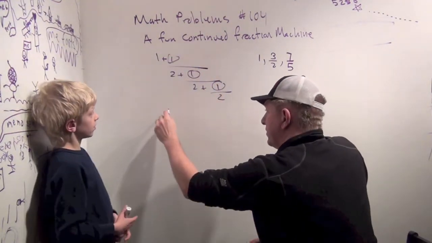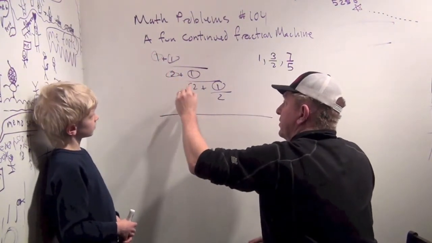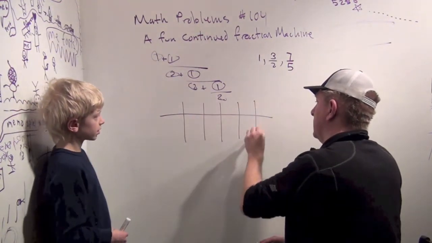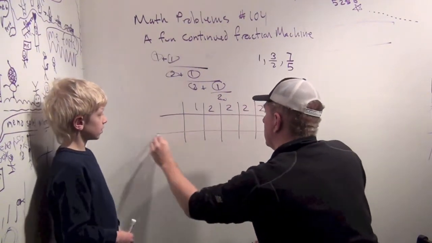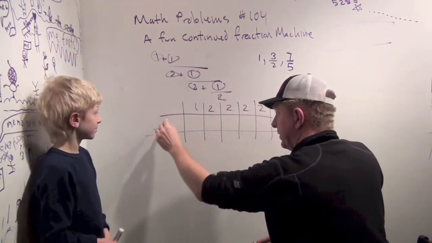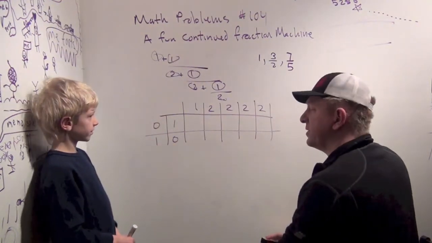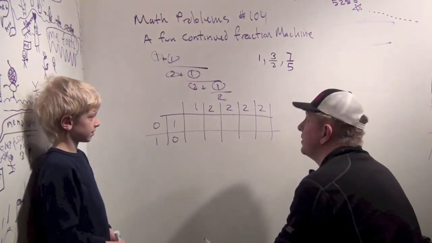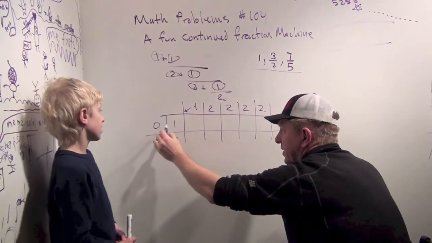What we do is write our other numbers, 1, 2, 2, 2, 2, in the top of a chart, and of course we would go on forever. And we put some numbers here in the beginning like that: 0, 1, 1, 0. We don't even know what those mean.